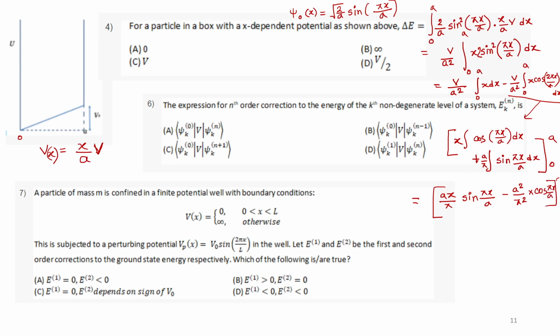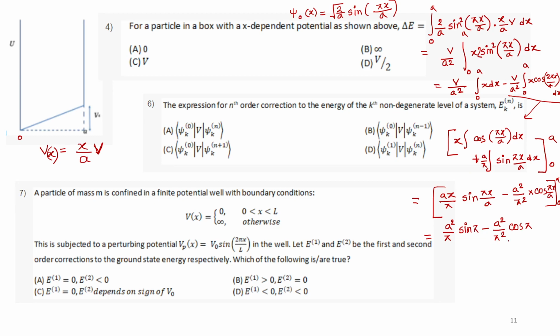The sign has changed, a to 0. So when it is a, we'll get a square by pi sine pi, which is 0, minus a square by pi square cos pi.